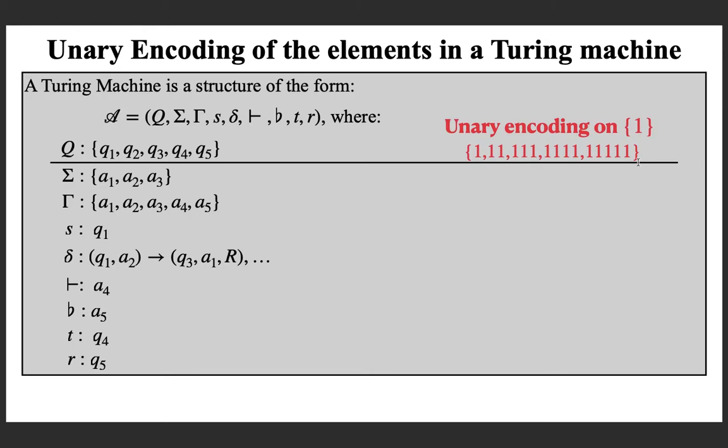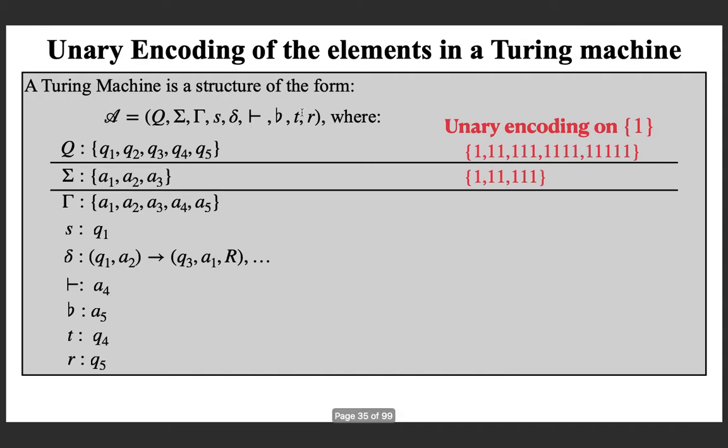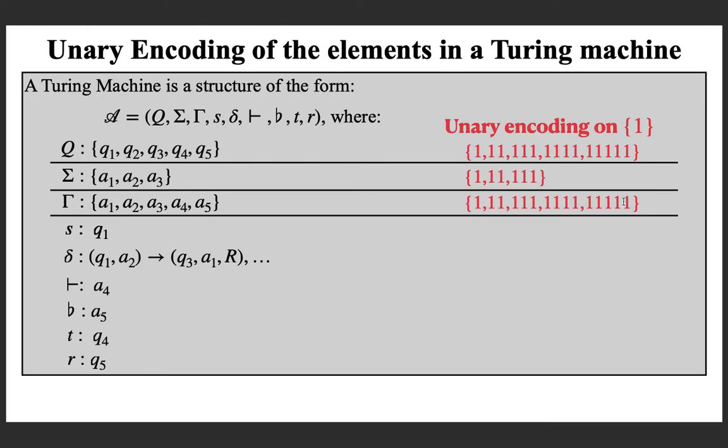This is what we already discussed, just apply it. Similarly, for the alphabet set, you have these 3 unary representations for A1, A2, and A3. The third alphabet is represented by 3 ones. Similarly, for the tape alphabet, you have this set. Now, what is the start state? It is Q1, the first state, so you represent it with 1, meaning the first state, Q1, is the start state.